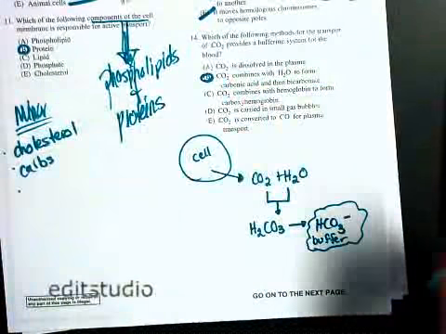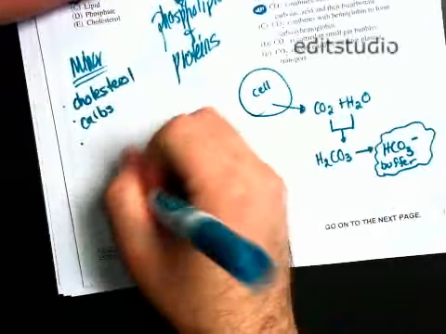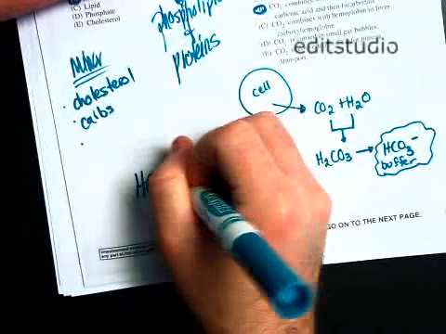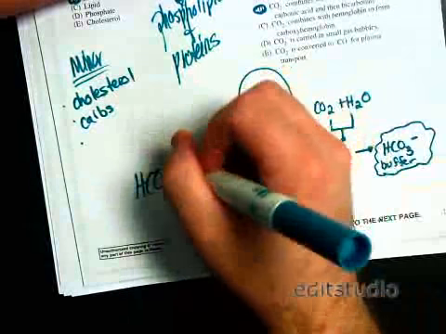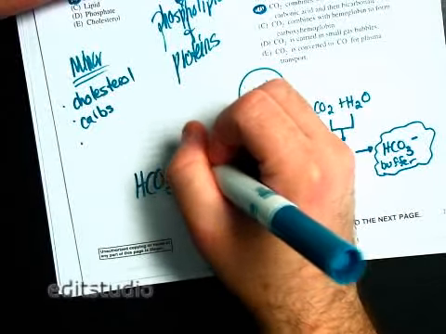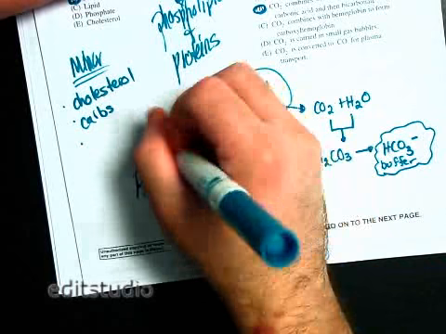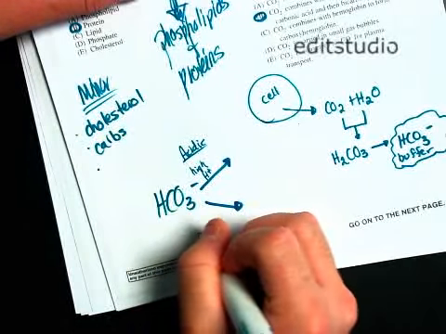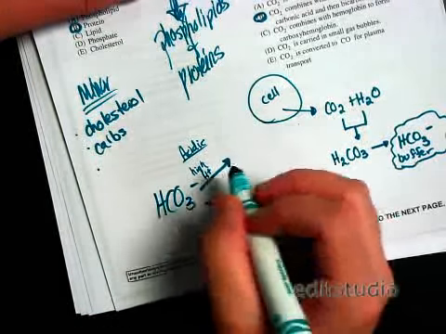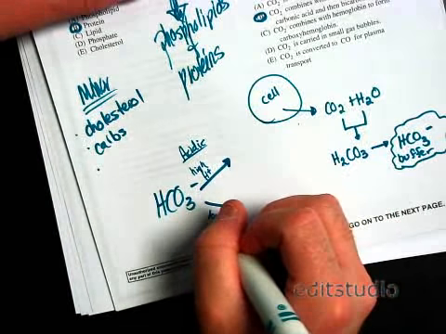Now the reason bicarbonate is a buffer, off to the side, I'd like to show you this. Remind ourselves that an acidic solution is going to be high in H plus, and something basic, like I'm going to show you down here, a basic solution is going to be low in H plus.